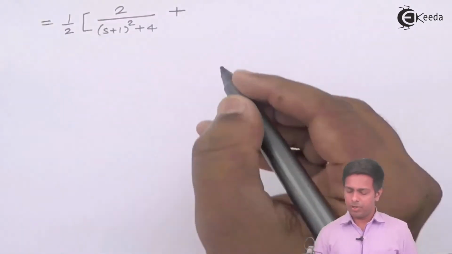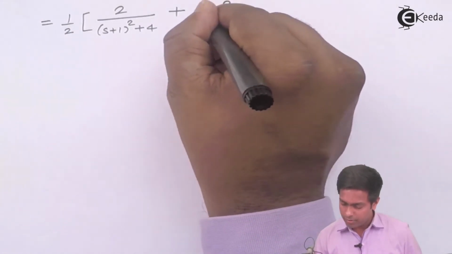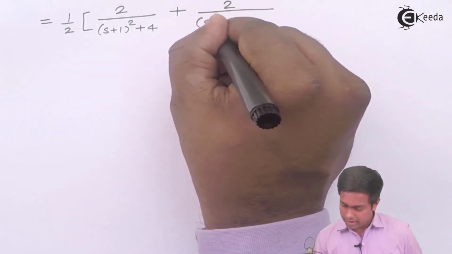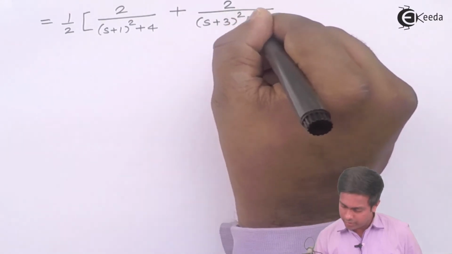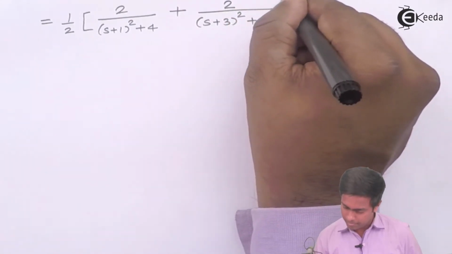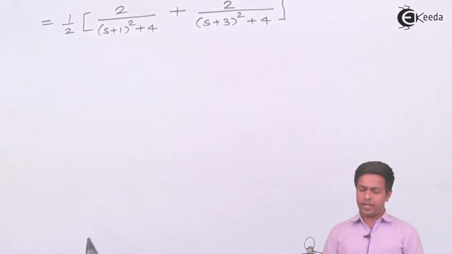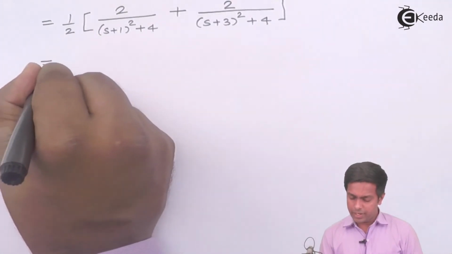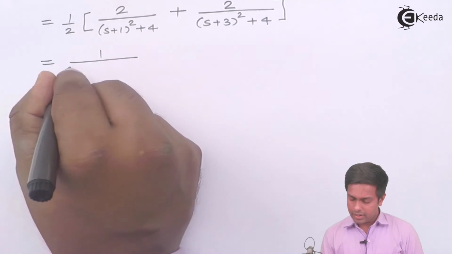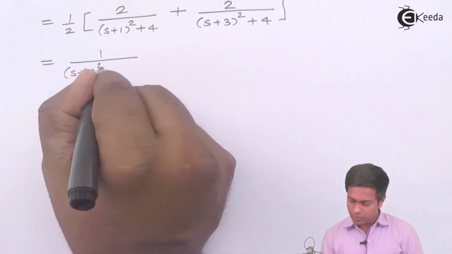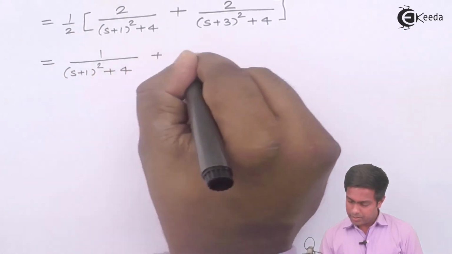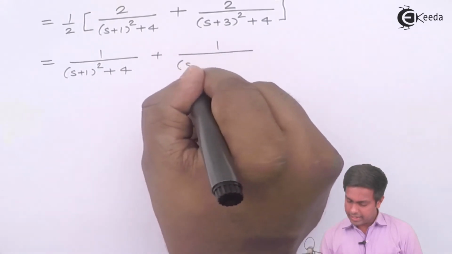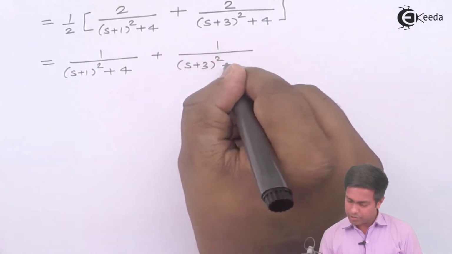So this will become 2 upon (s plus 3) the whole square plus 4. Now we can take 2 common, it will be cancelled with this 2, and we will get 1 upon (s plus 1) the whole square plus 4 plus 1 upon (s plus 3) the whole square plus 4.